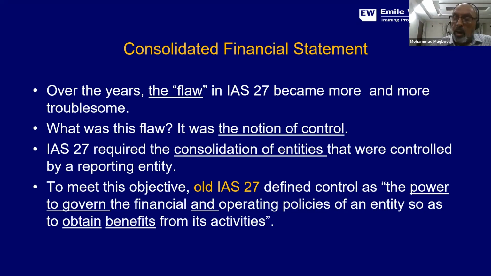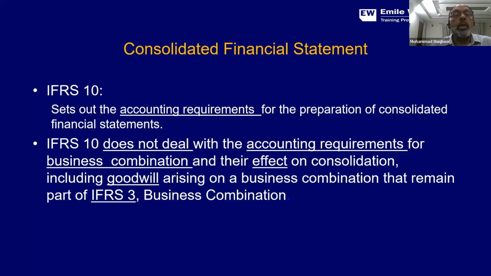But now, under IFRS 10, the definition of control has been addressed. IFRS 10 deals with the accounting requirements to prepare the consolidated financial statements, but it does not talk again about what we already discussed under IFRS 3, like which value we should use for the assets and liabilities of the company we acquire, how to work out the goodwill, and how to calculate and measure the non-controlling interest.